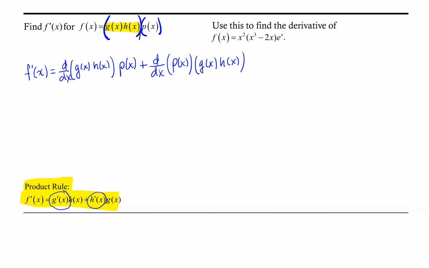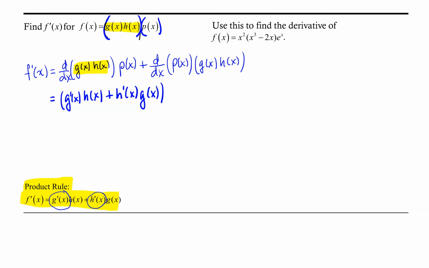So now, if we apply the product rule here, where we have the derivative of g of x times h of x, what we get is g prime of x times h of x, this is directly from the product rule, plus h prime of x times g of x.